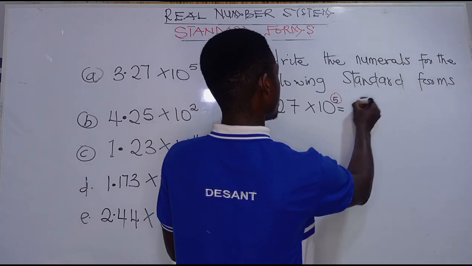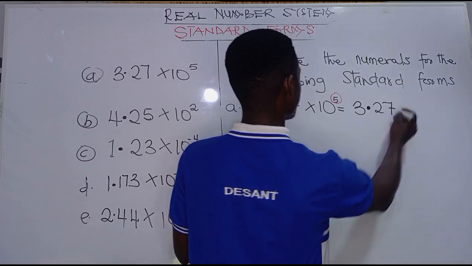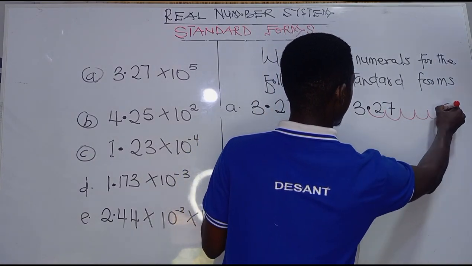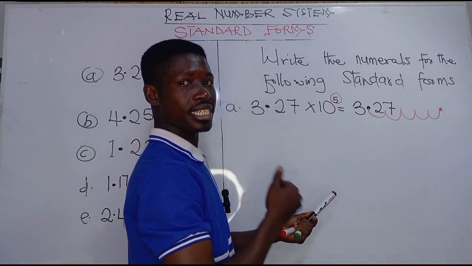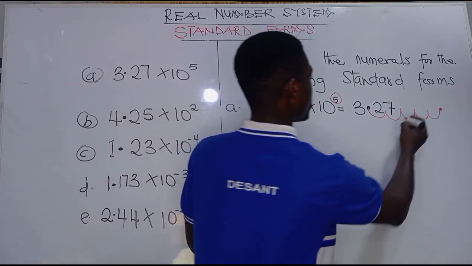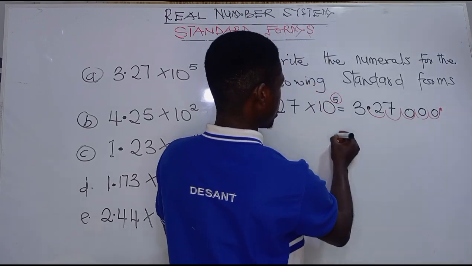So we have our number 3.27. 1, 2, 3, 4, 5. Now our decimal point is here. And after that, we fill each empty space or each gap with zeros. So we have 1 zero, 2 zeros, and so on.